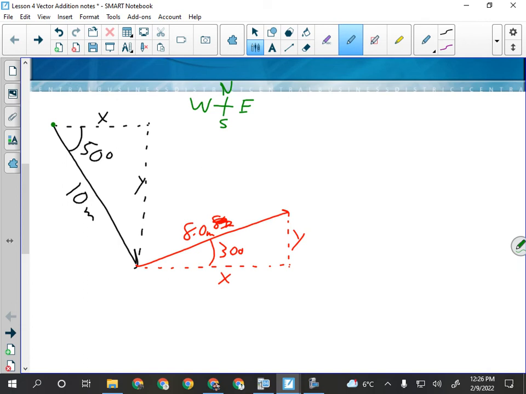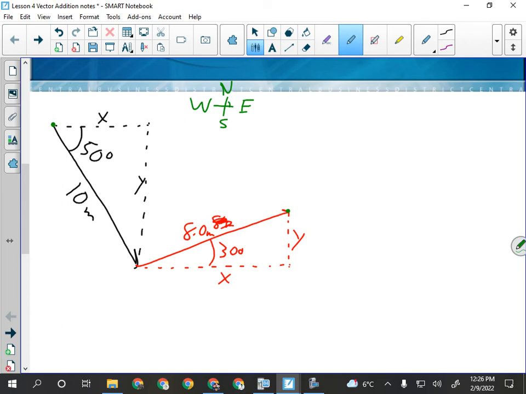Right? After that 10 meters, the object turns, and it now travels 8.0 meters at 30 degrees north of east. And again, I know this is north of east because the angle arc is touching east and moving north of it. Okay, so it does that for 8 meters until it arrives at its final position, right there.